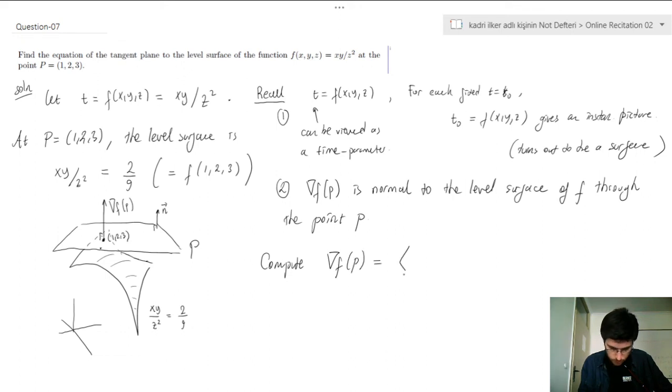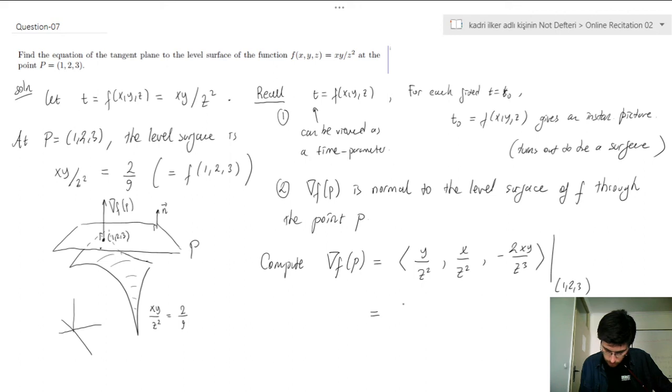So let's compute. I'm just going to directly compute. Differentiate with respect to x, we have this. Differentiate with respect to y, we have that one. And differentiate with respect to z, minus 2xy divided by z cubed. And evaluate it at the point (1, 2, 3).